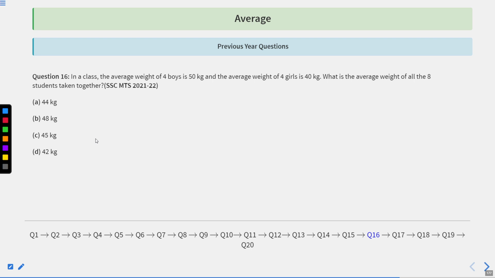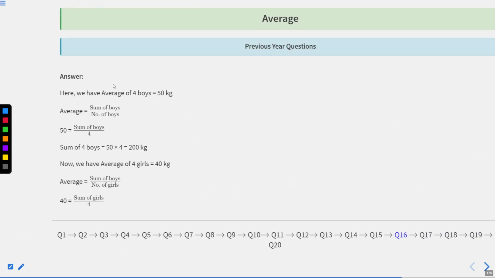Now, moving on to problem number 16. In a class, the average weight of 4 boys is 50 kg and the average weight of 4 girls is 40 kg. What is the average weight of all the 8 students taken together? So we have to find the combined average.